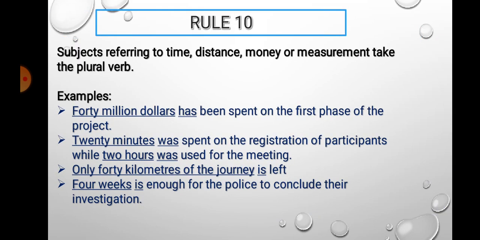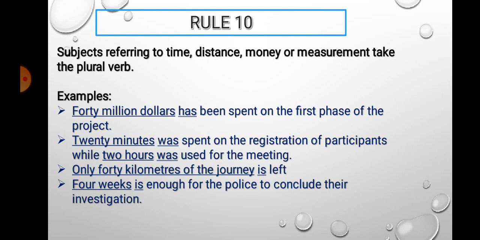Rule 10 says subjects referring to time, distance, money, or measurement take the plural verb. Examples are $40 million have been spent on the first phase of the project. 20 minutes was spent on the registration of participants, while 2 hours was used for the meeting.